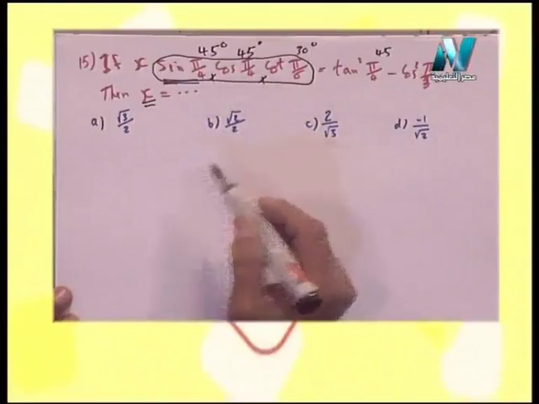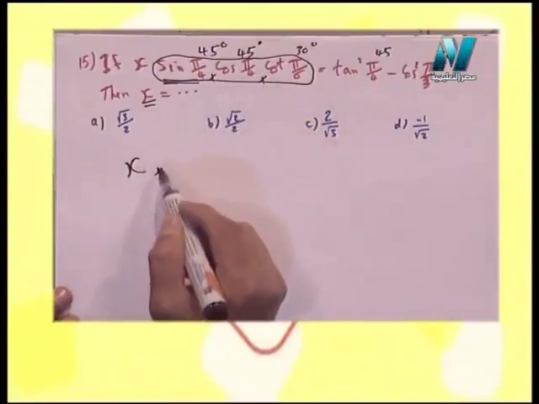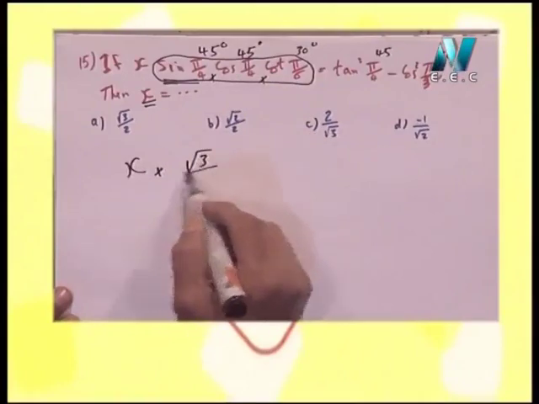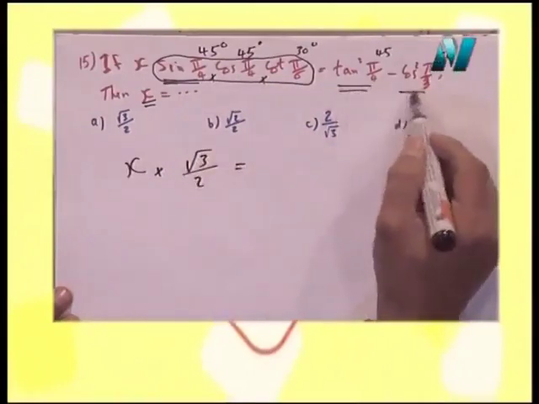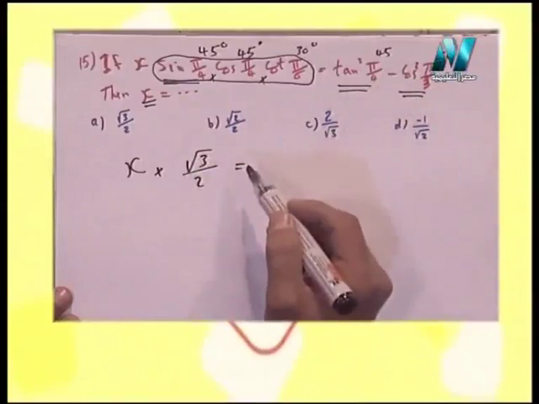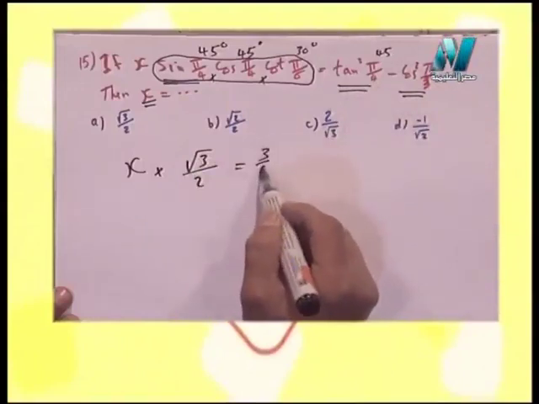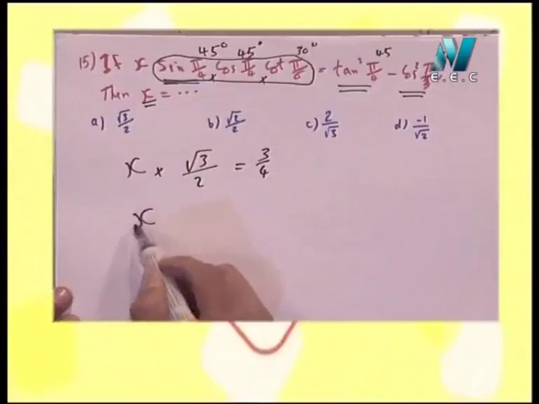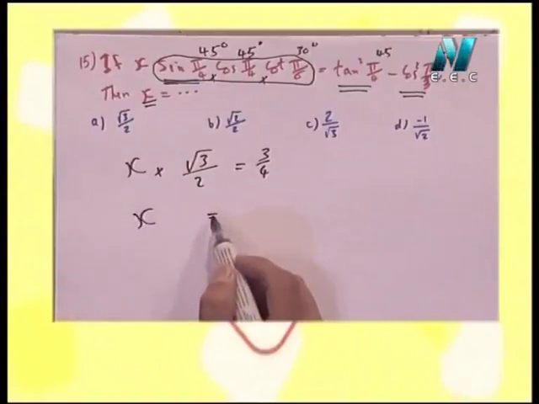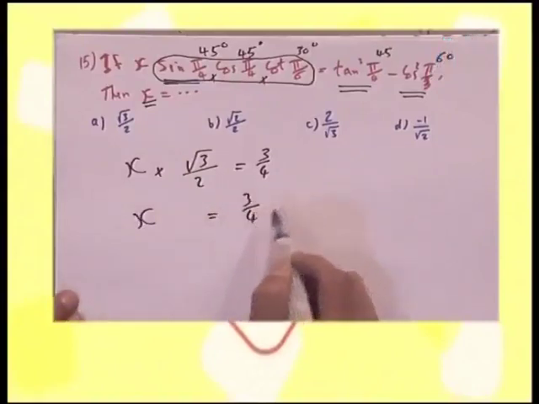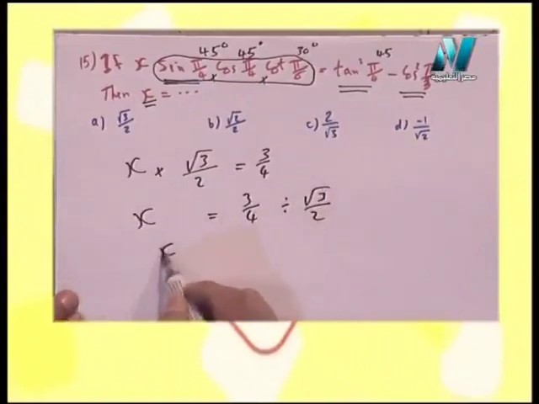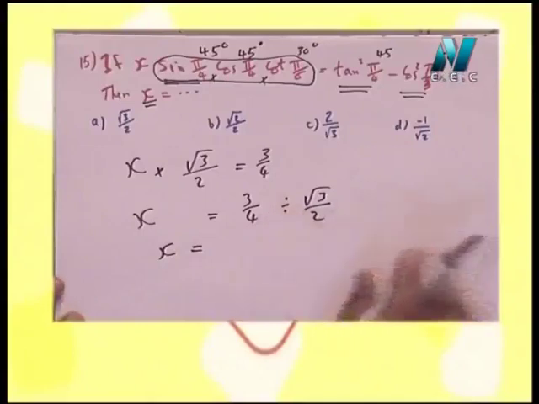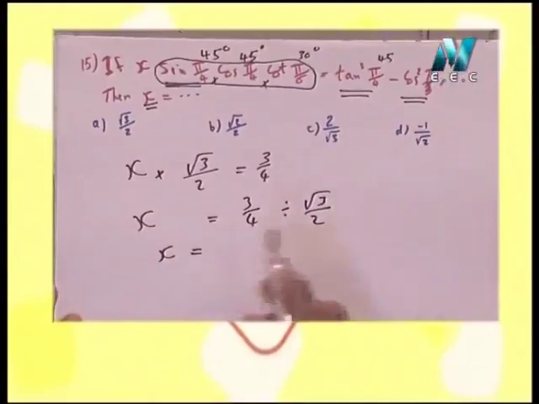The answer will be root 3 over 2, and if you solve this part also will be 3 over 4, and x equals here 3 over 4 divided by root 3 over 2, then x at the end equals root 3 over 2.